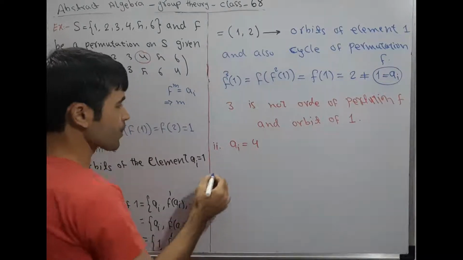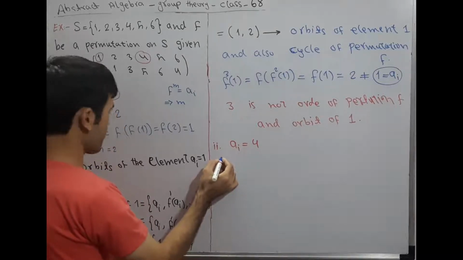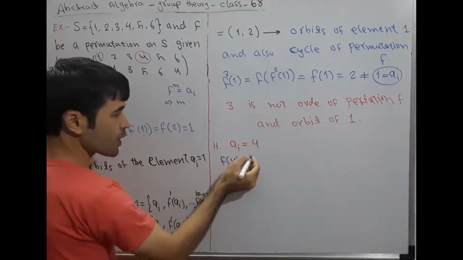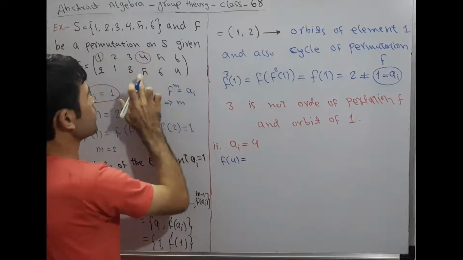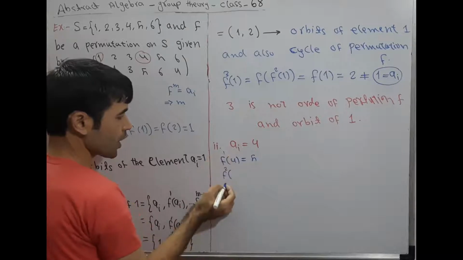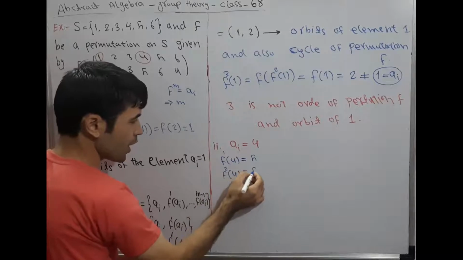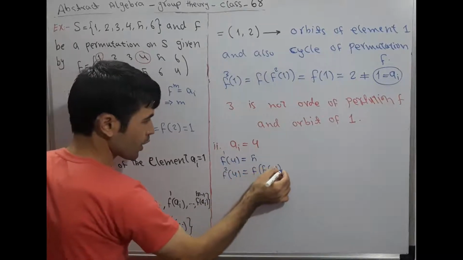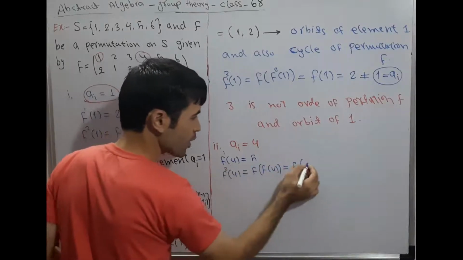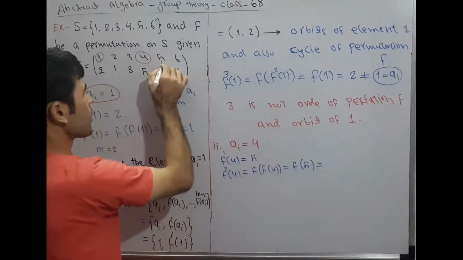We want to solve this. ai is equal to 4. f of 4 is 5. f squared of 4 is equal to f of f of 4, which is f of 5, and we get 6.